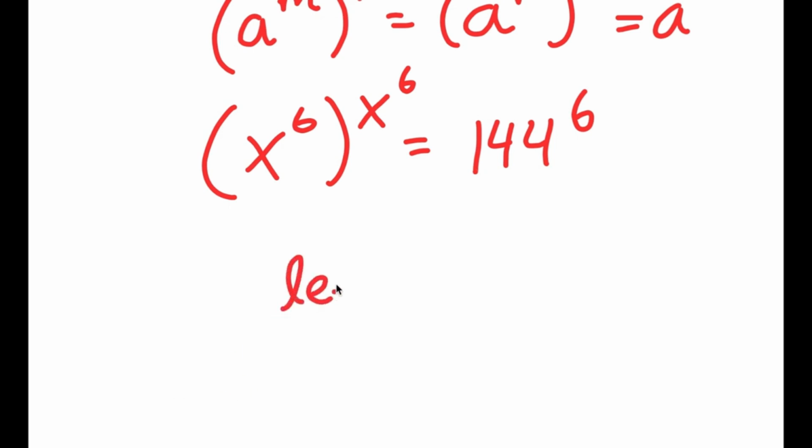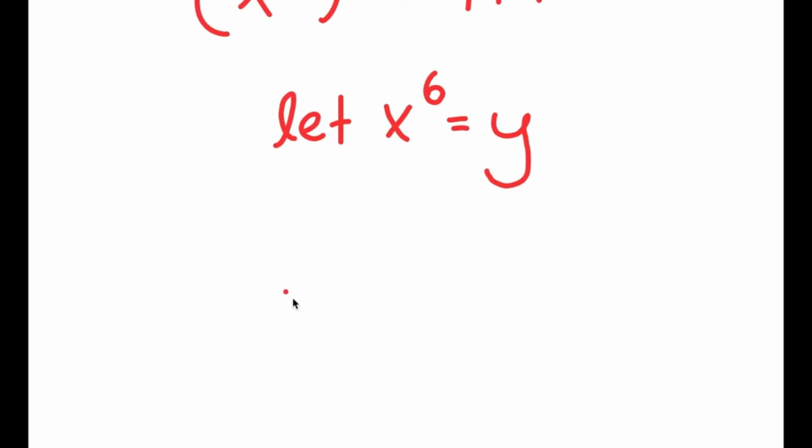Now I'm going to let x to the power of 6 equal to the variable y. And now, because we have x to the power of 6 over here, I can simply substitute in y for x to the power of 6 into my equation. So if I do that, I get y to the power of y is equal to 144 to the power of 6.